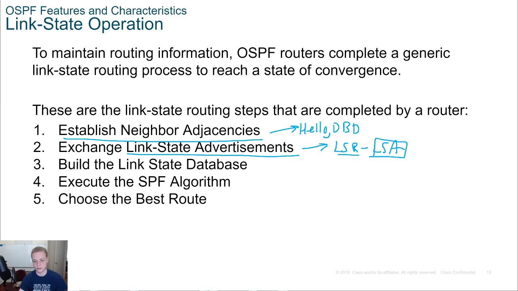The LSR requests information about a network from your database description, right? Your database description, again, is going to tell you what networks. Then if the other router doesn't have those networks, it will send a request, and then you'll send back an advertisement with all the details about that network.